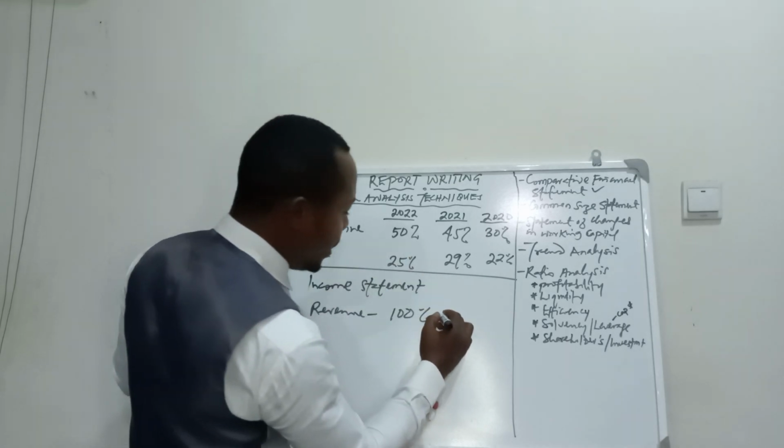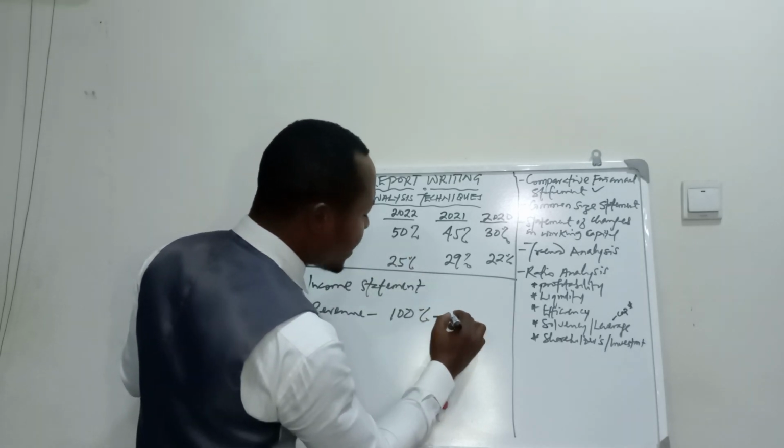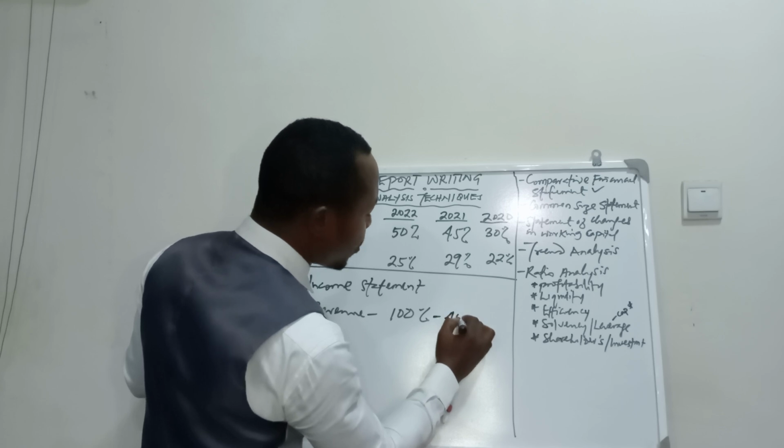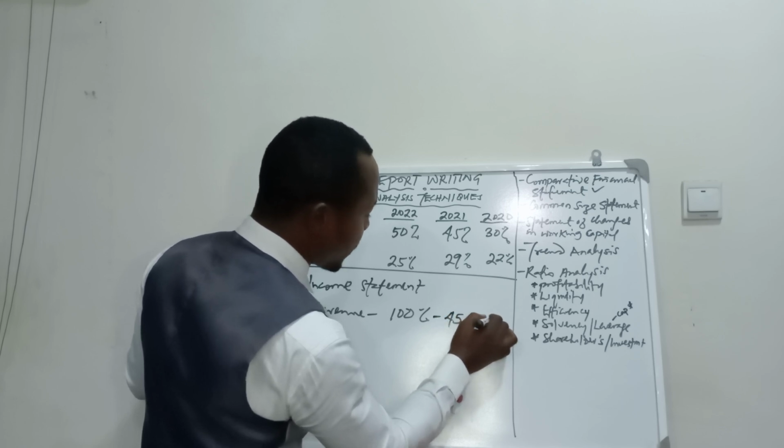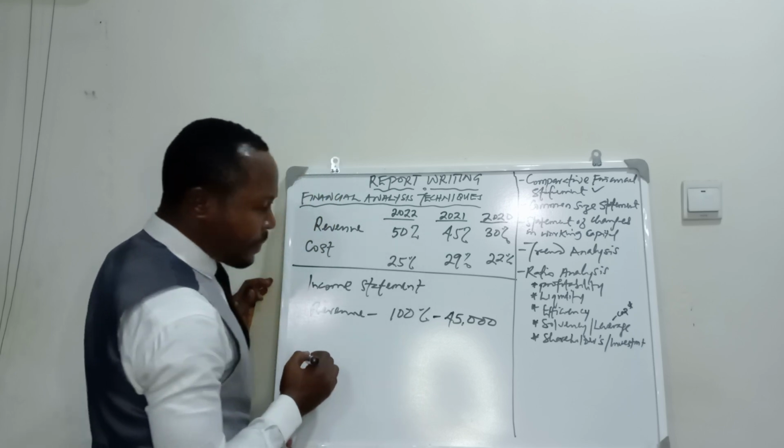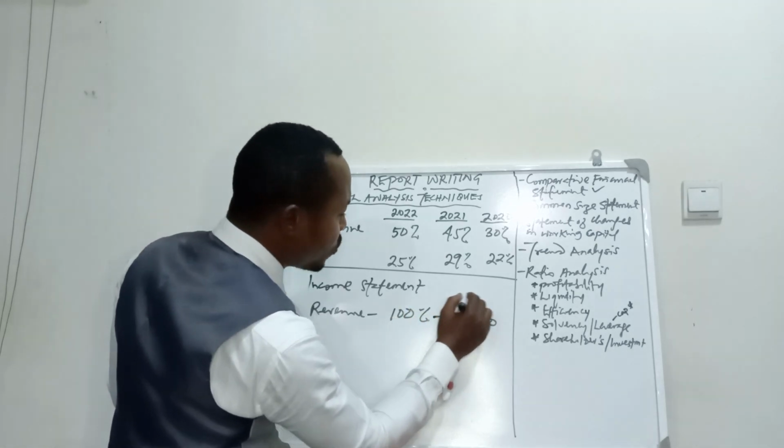Let's say revenue is 45,000 naira, or let's put dollars.